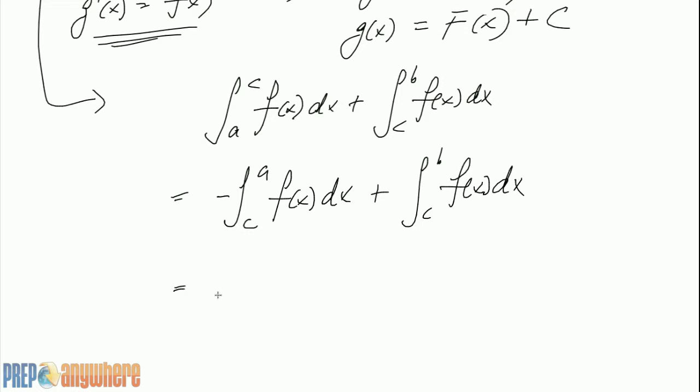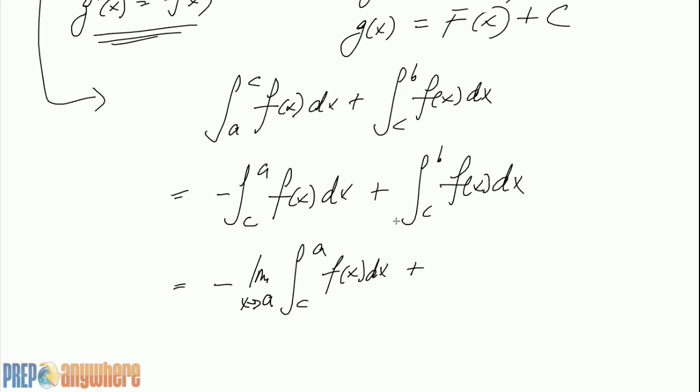Okay, and I'm gonna put this as limit x approaching a, c to a, and here I'm gonna put limit x approaching b, c to x. Oh, sorry, I meant x here. Okay, x is approaching a, and just replace that with a variable.